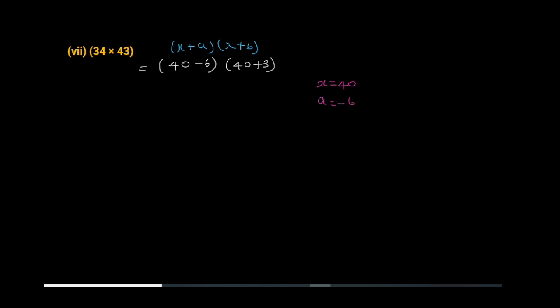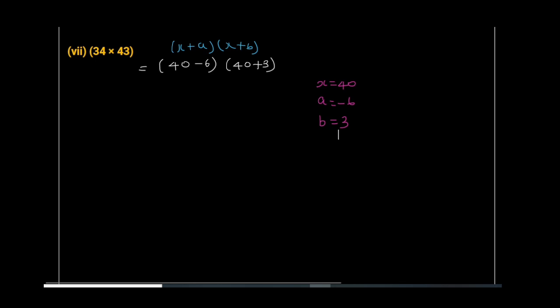Next question, 34 into 43. It can be split into 40 minus 6 and 40 plus 3. Once again we are getting the identity x plus a into x plus b. So 40 minus 6, 40 plus 3. In this, what is our x? x is 40. a is minus 6. b is 3.